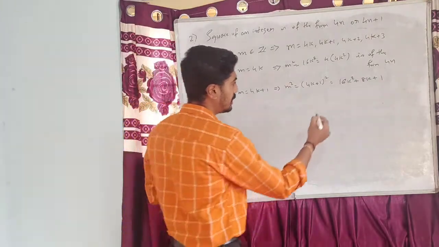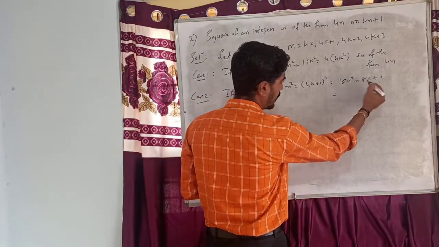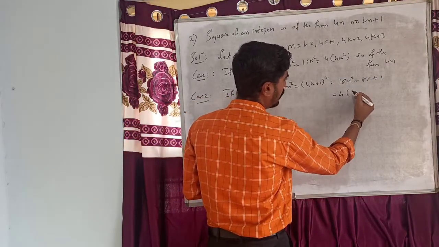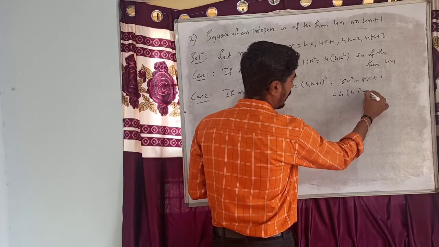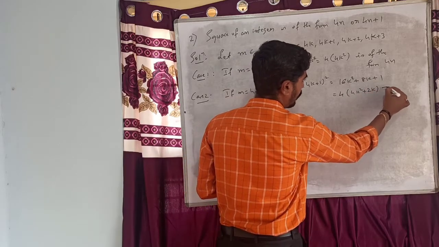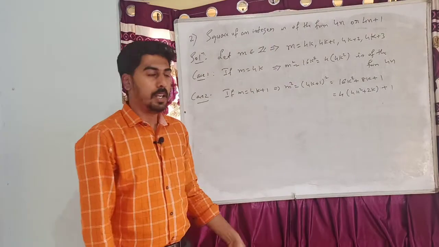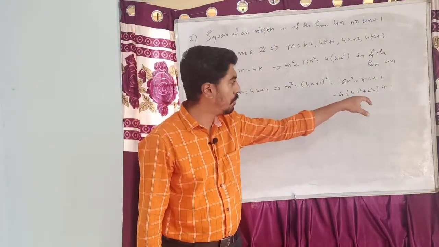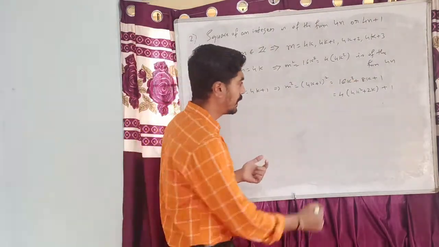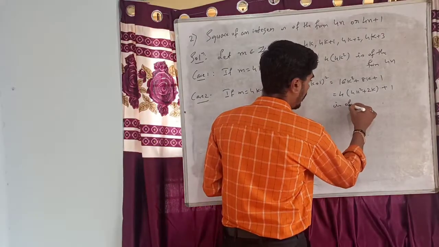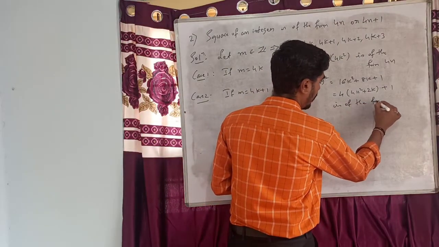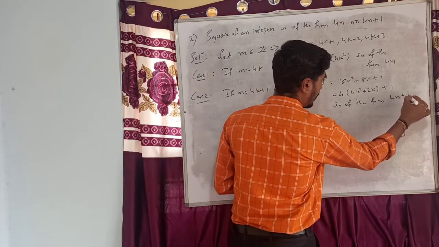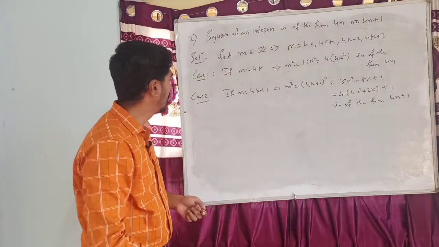This can be written as, taking 4 as common in the first two terms, 4 into 4k square plus 2k plus 1, which is clearly of the form 4n plus 1, where n is an integer.